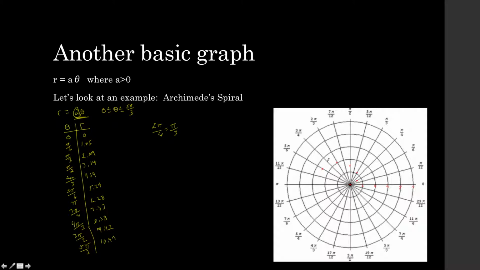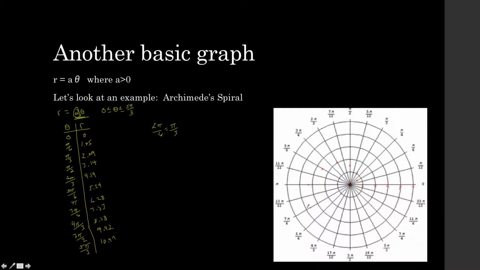And then you have pi, 6.28. So 2, 4, 6.28. And then we have 7 pi over 6, and that's going to be 7.33. So 2, 4, 6, 7.33.